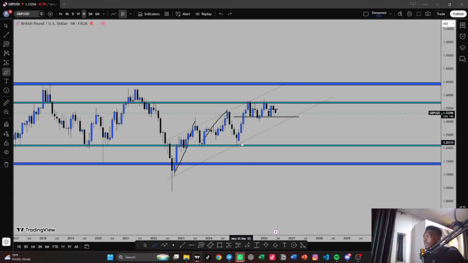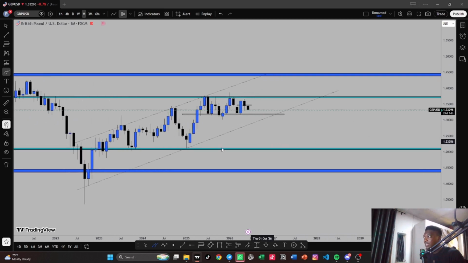Also with this, I can spot a chart pattern right here. If we ignore this last part and take it from here, this is a head and shoulders pattern, indicating that sellers are already stepping into this market.